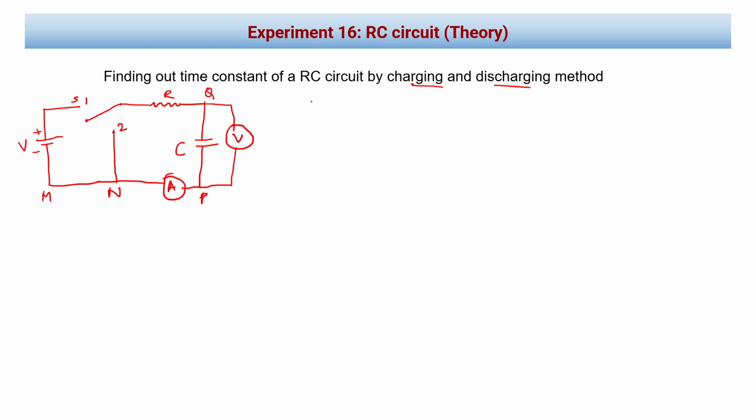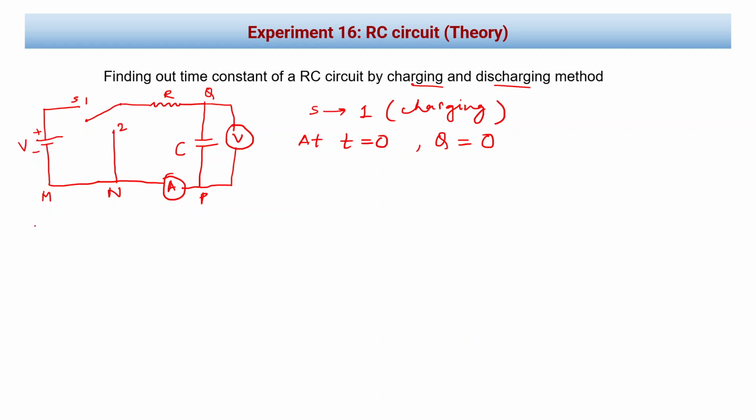Okay, so the first case, when this switch is connected to the first point, is the situation when the capacitor will be charging, right? At time t equal to 0, just before we connect this, the charge on the capacitor will be 0, right?